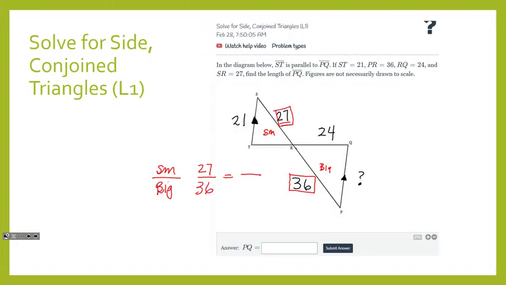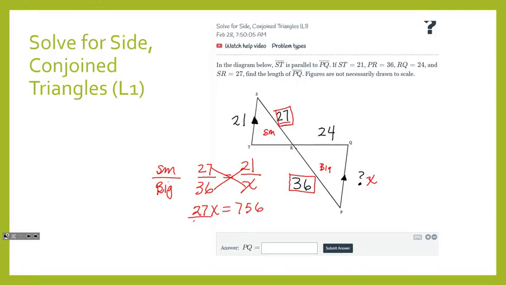I want to find this side over here. I'm going to call this X, and it's on the big triangle. What side corresponds with X? 21. So we're going to have 27 times X, and then we're going to have 21 times 36, which is 756.